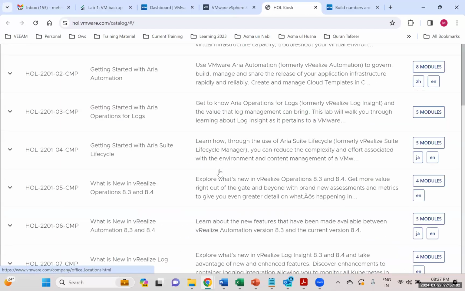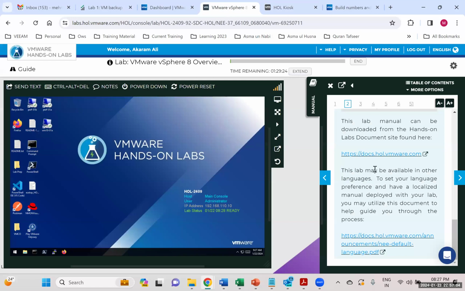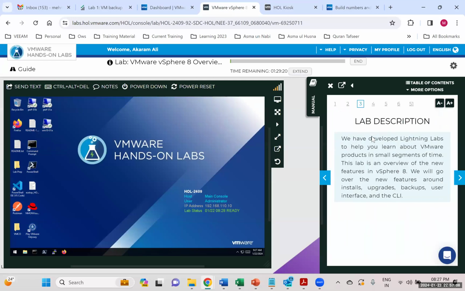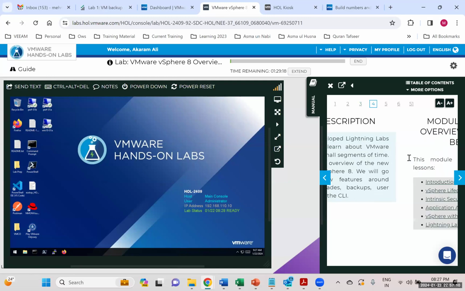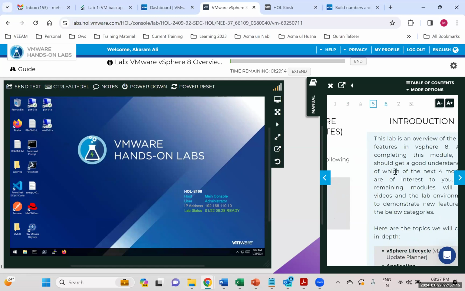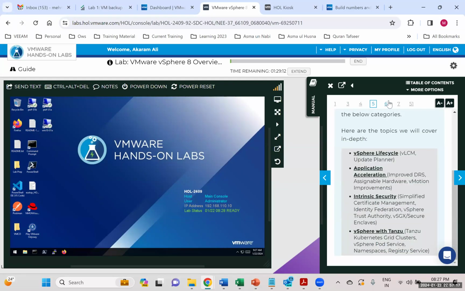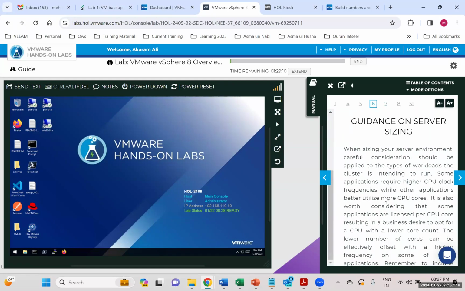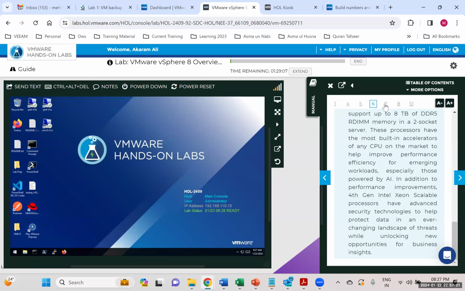I'm sorry, they have made some changes. I don't use it because these are free labs available for the public. Introduction, and what? What's this?